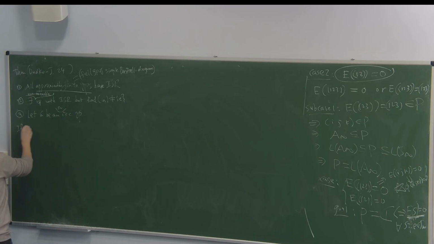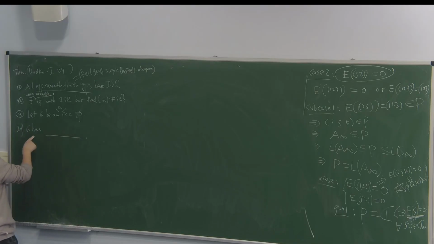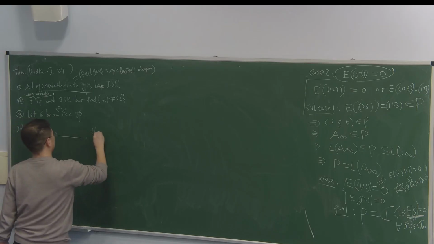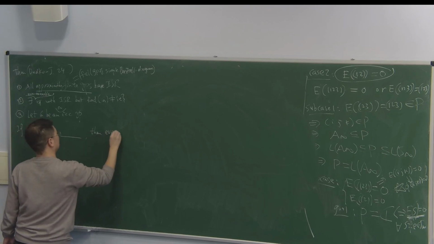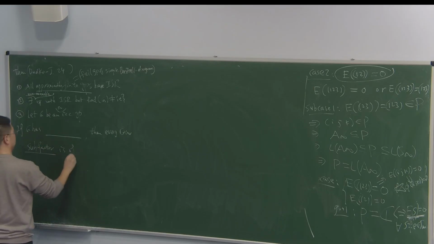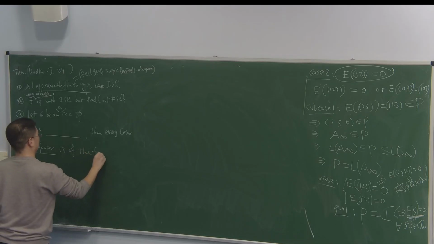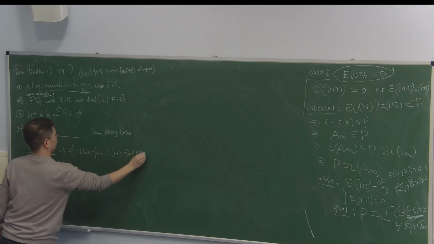If G has some property I will mention, some property involving characters on G, then every invariant subalgebra is of the form LH for some H normal subgroup.